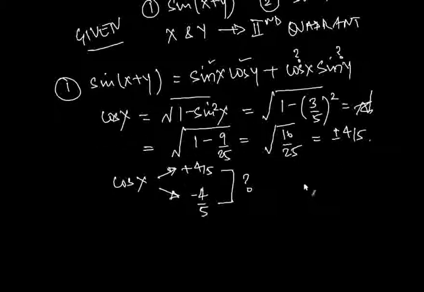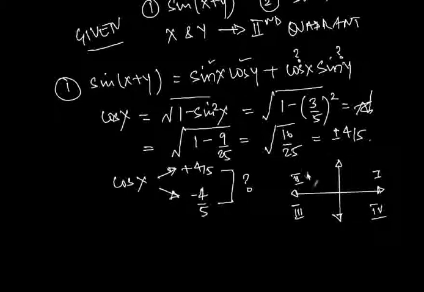Well, remember that last fact we were told: x and y lie in the second quadrant. So if this is our coordinate space, this is quadrant number 1, this is quadrant number 2, this is the third quadrant, and this is the fourth quadrant. We have been told that x and y both lie in the second quadrant, which is this one over here.